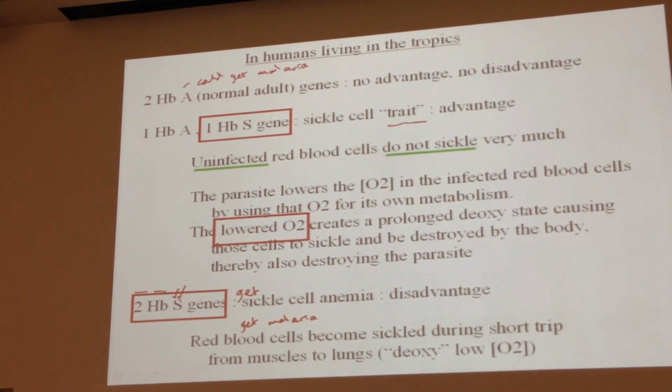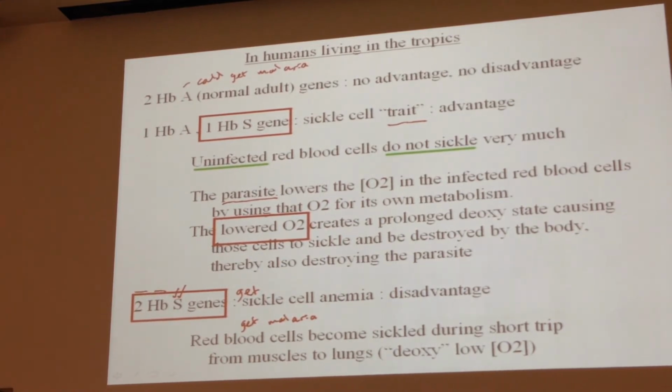But the trick here is that the malaria parasite uses oxygen for its own metabolism. It has mitochondria in it. It is reproducing and going through these various life cycle stages, and it has aerobic oxidative metabolism to make ATP. And so that parasite drives the concentration of oxygen very low inside the infected cells.